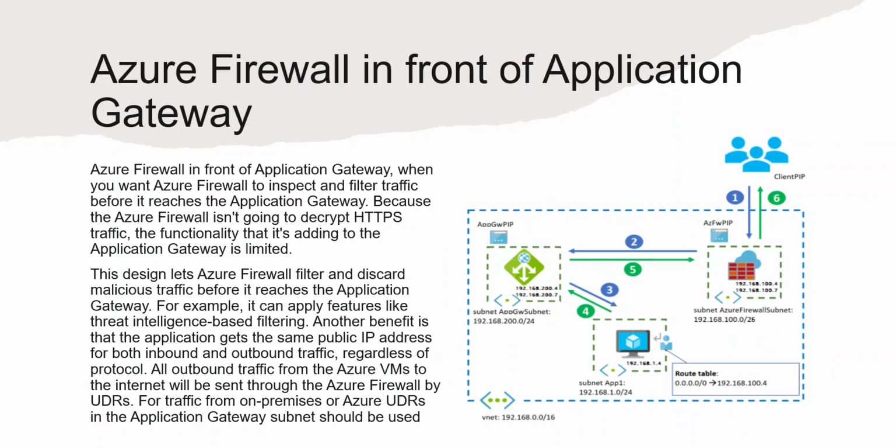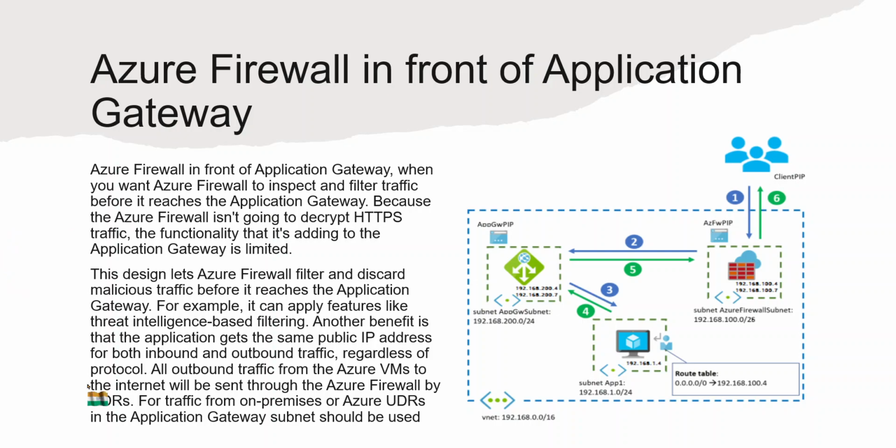So in the next scenario, we'll find the Azure firewall is in front of the application gateway. You can see the request first goes to the Azure firewall and it goes to the application gateway, then to the client, and then the client sends a request back to the application gateway, and it goes to the Azure firewall and back to the user.